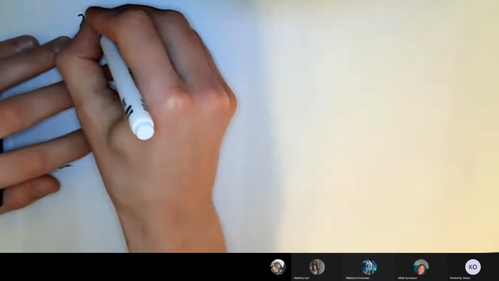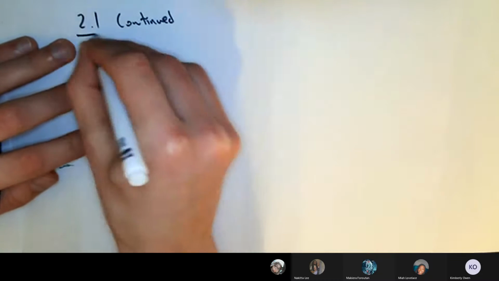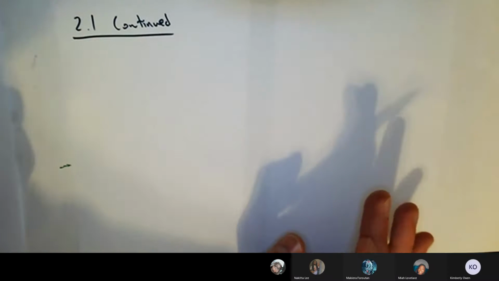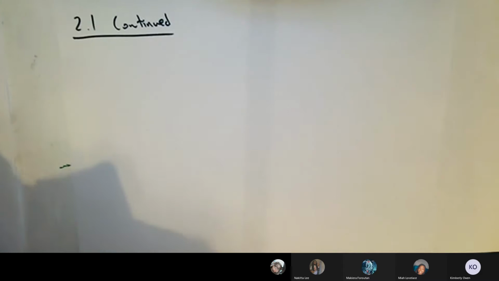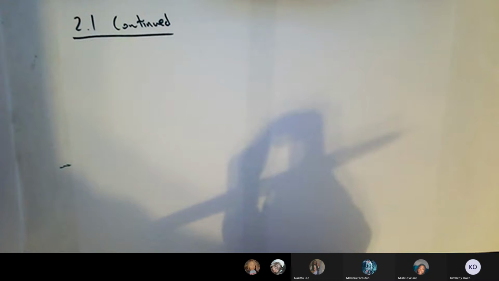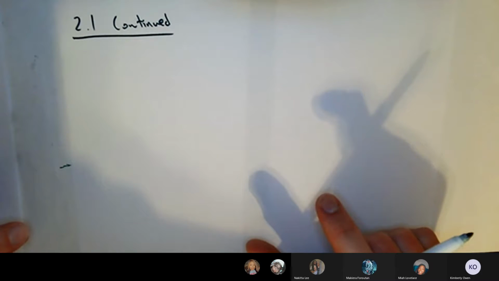All right, so this is 2.1 continued, just moving through our discussion of functions. We were talking about domains and ranges of functions, and we spent most of our time on Monday talking about the definition of a function and how a function must take each input and send it to an output, and not have one input going to two separate outputs, right?